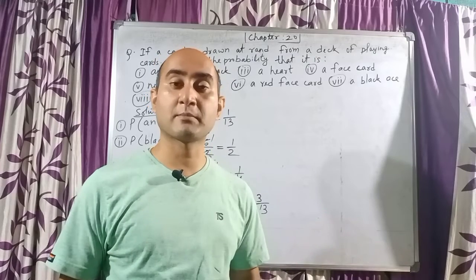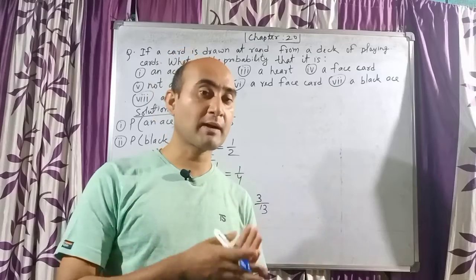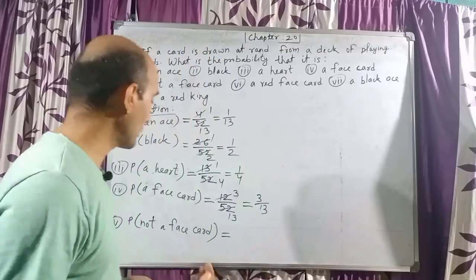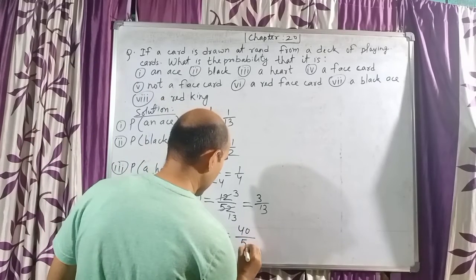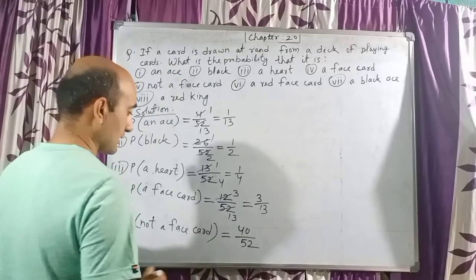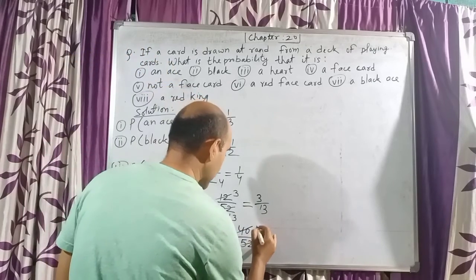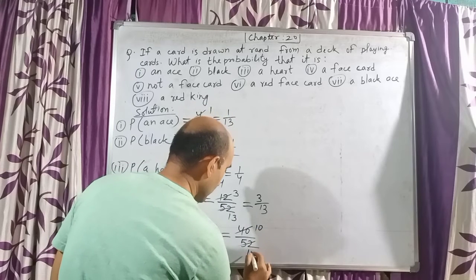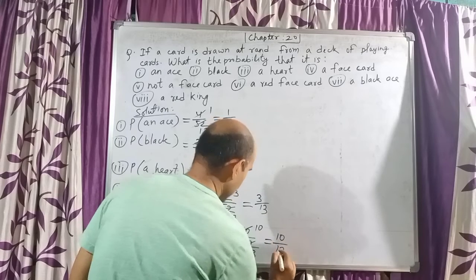Out of 52, 12 are face cards. That means 40 are not face cards. So your answer will be 40 by 52. We can further cancel our answer. You can cancel with 4. 4 10s are 40, 4 1s are 4, 4 3s are 12. Our answer is 10 by 13.